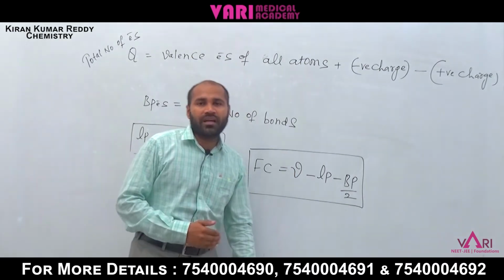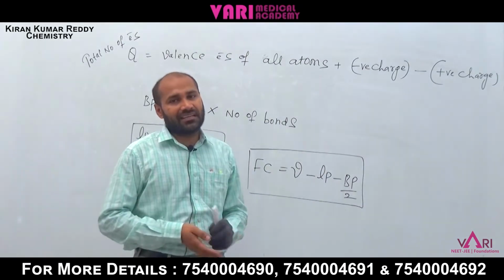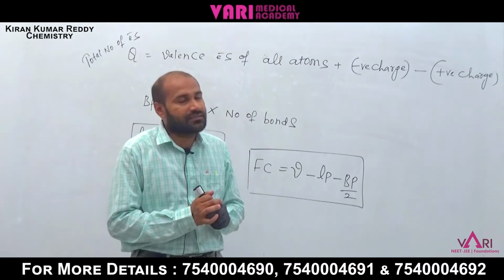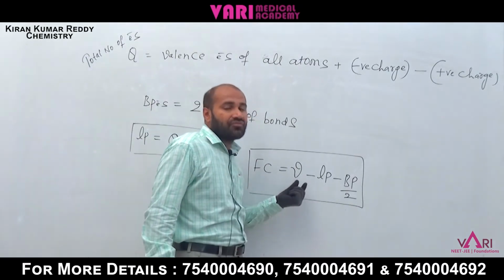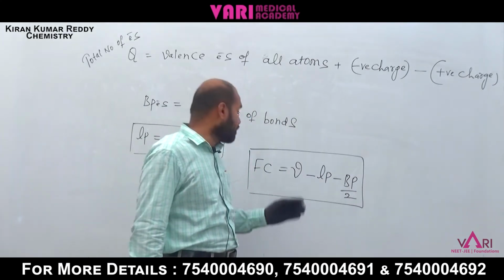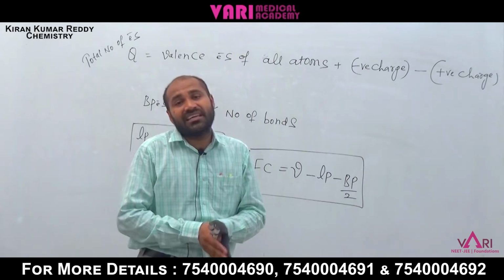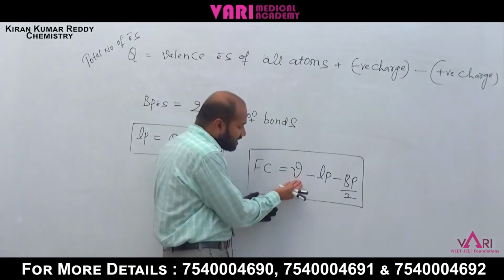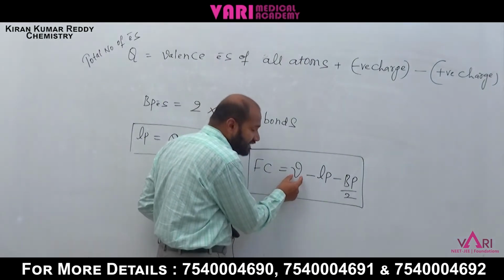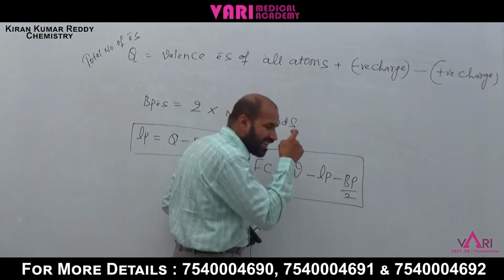Boron is third group, so 3 valence electrons. Carbon has 4 valence electrons. Nitrogen, 5. Sulfur, 6. Fluorine has 7 valence electrons. Oxygen has 6. That's why V means valence electrons of that atom, and then the total lone pair of electrons.